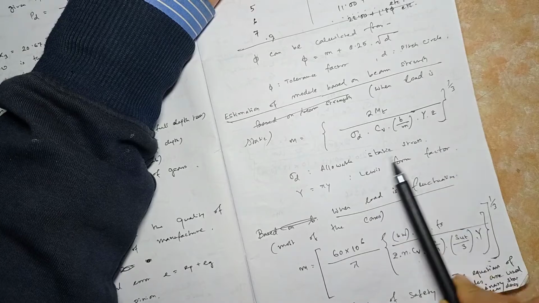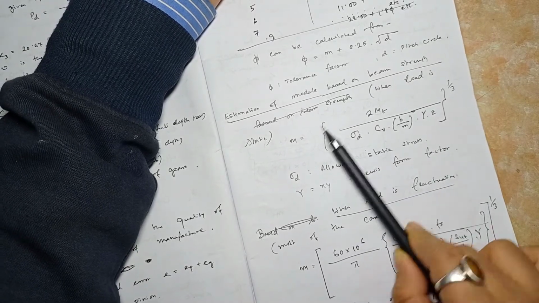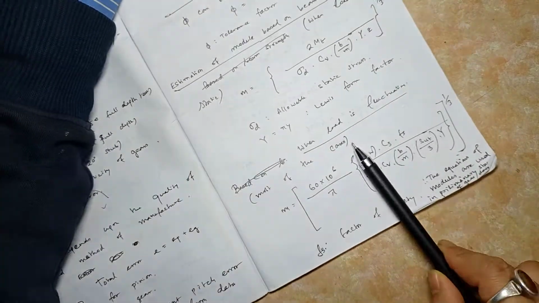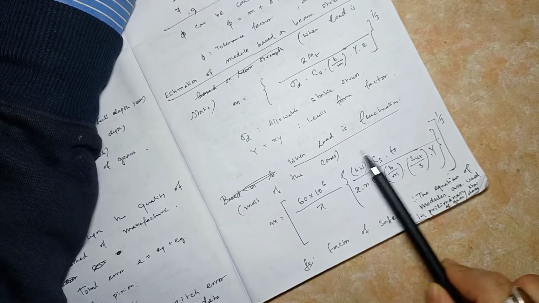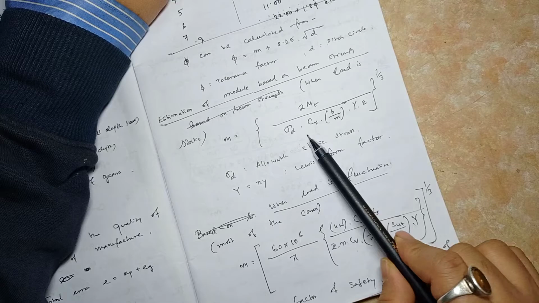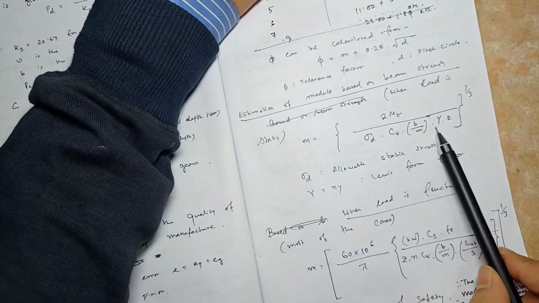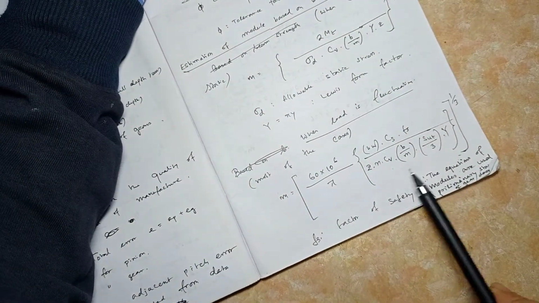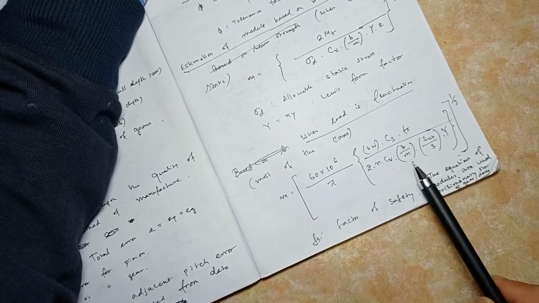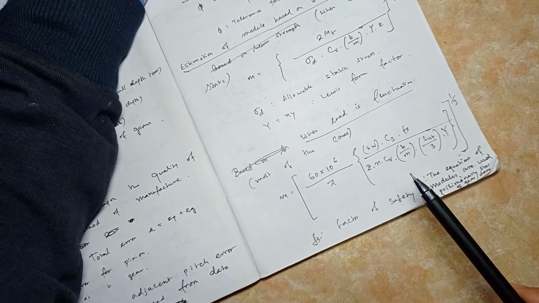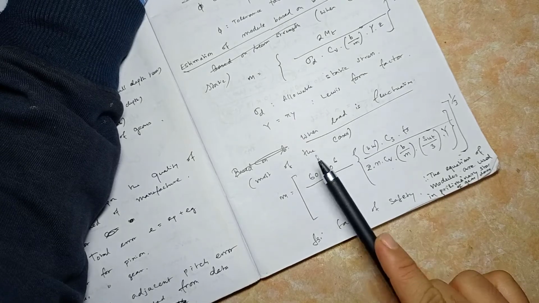So if the load is static, then you have to use this relation, but when the load is fluctuating, as in most of the cases, then you have to use this relation. This relation is available in the data book, and you have to use it in the cases when your load is fluctuating.